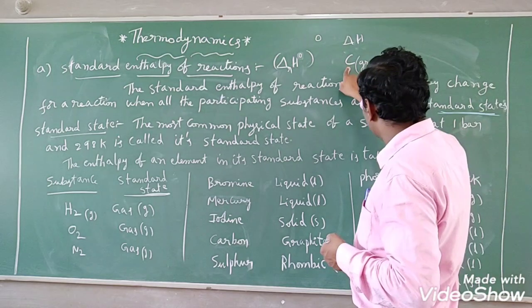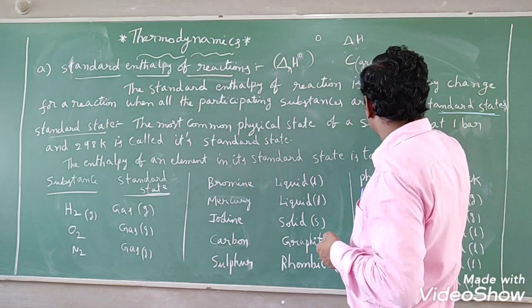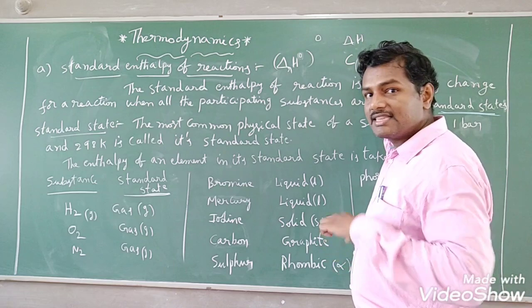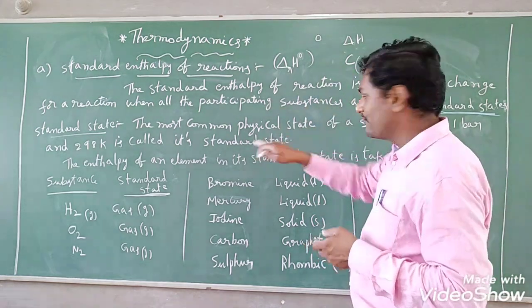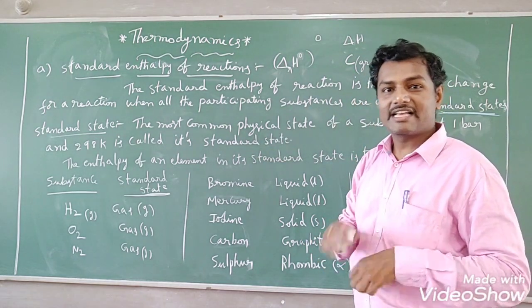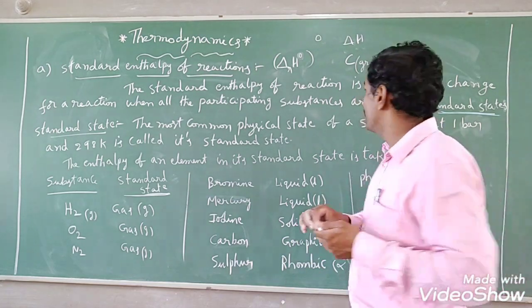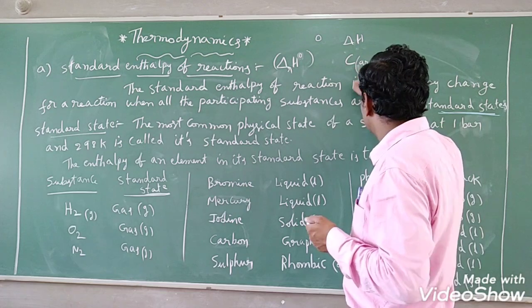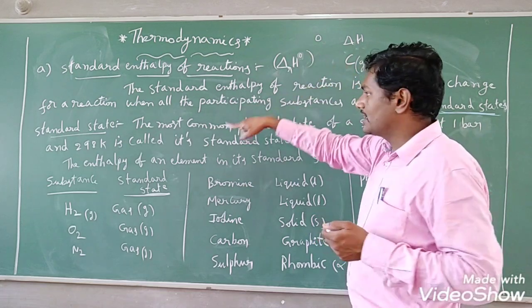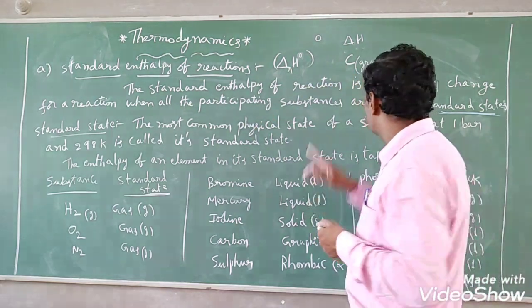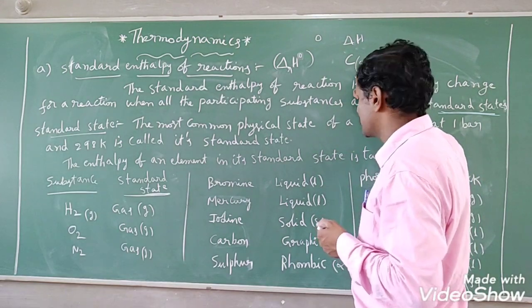Right, here if they mention graphite in brackets after carbon, then that particular element's enthalpy we can take as what? 0. In the rest of the conditions, it should not be 0. That will be different. Only in the case of graphite, the element enthalpy is 0 in its most common physical state, right?